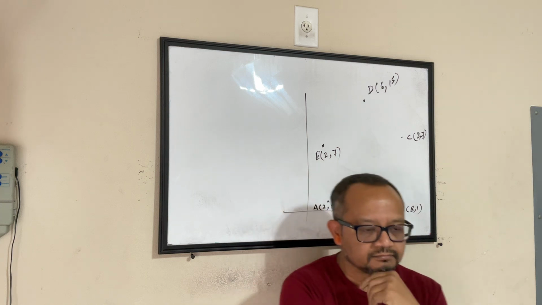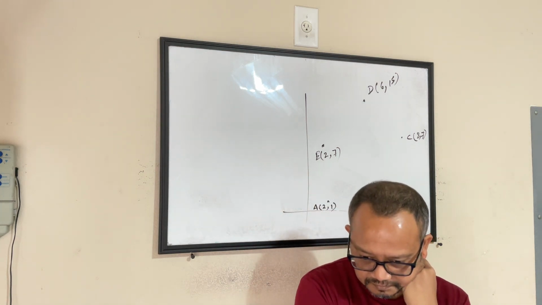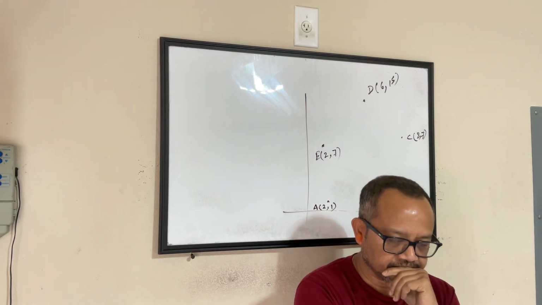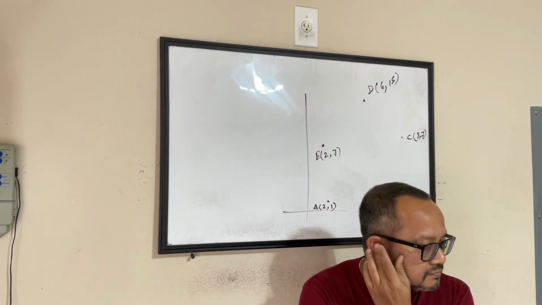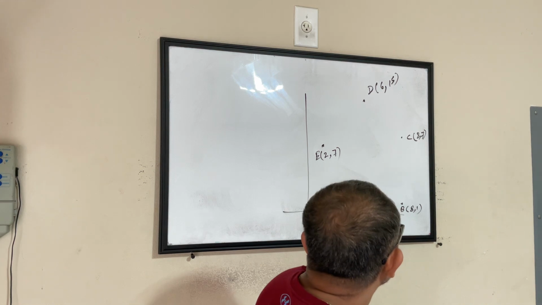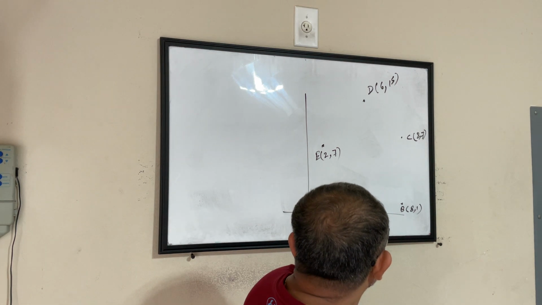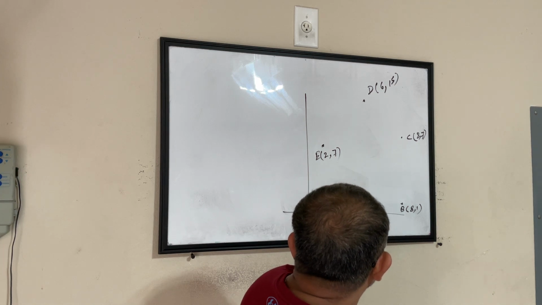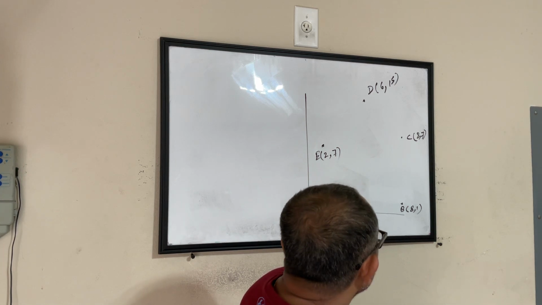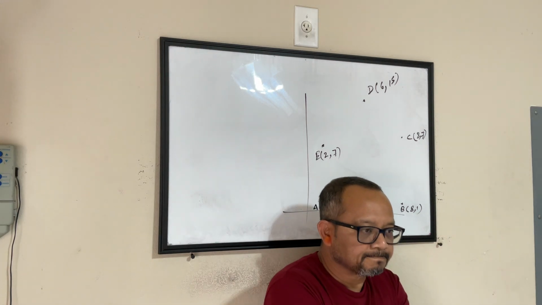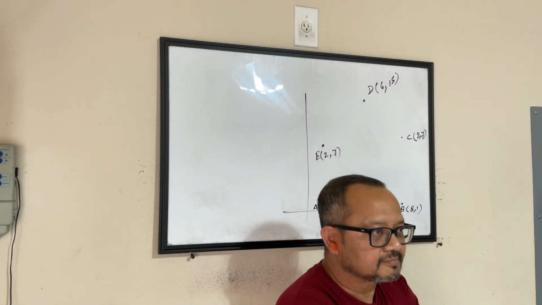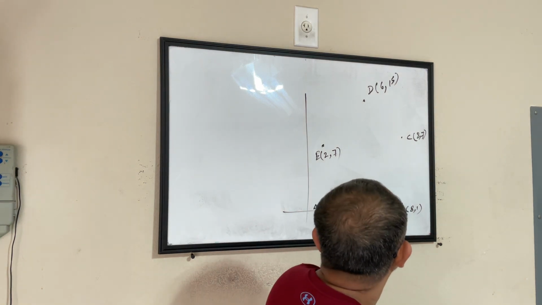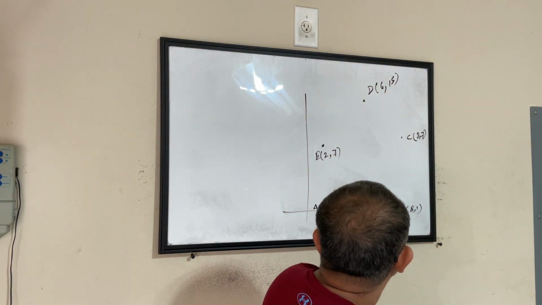Since I'm finding for the square first, if I make a line between E and C, I have a triangle and a square. For the square, I multiplied 6 times 6, which gives me 36 squared. And for the triangle, I got 6 times 8, which gives me 48. 48 divided by 2, which gives me 24.